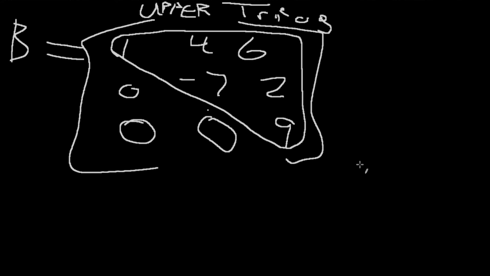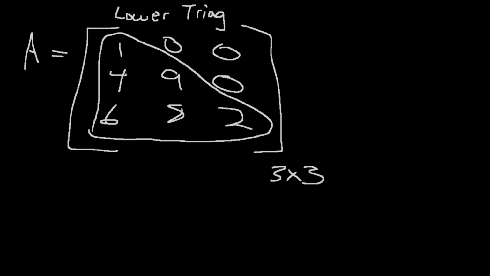Now, there are a couple of interesting properties of these, really just two different properties. If you multiply two lower triangular matrices together, you end up with another lower triangular matrix, and you can test that out if you want.